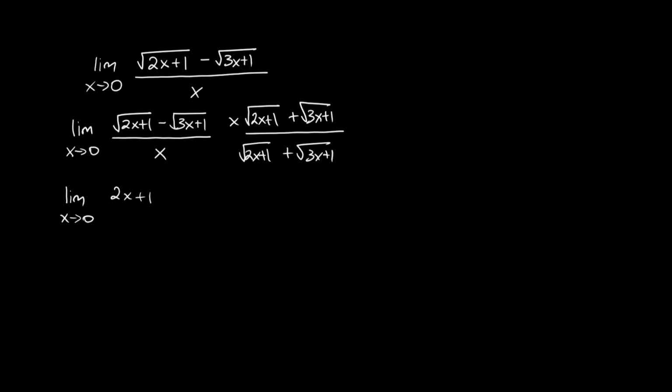And the square root of 2x plus 1 multiplied by the square root of 3x plus 1 becomes square root 2x plus 1 square root 3x plus 1, minus the square root of 2x plus 1 root 3x plus 1, minus 3x plus 1.